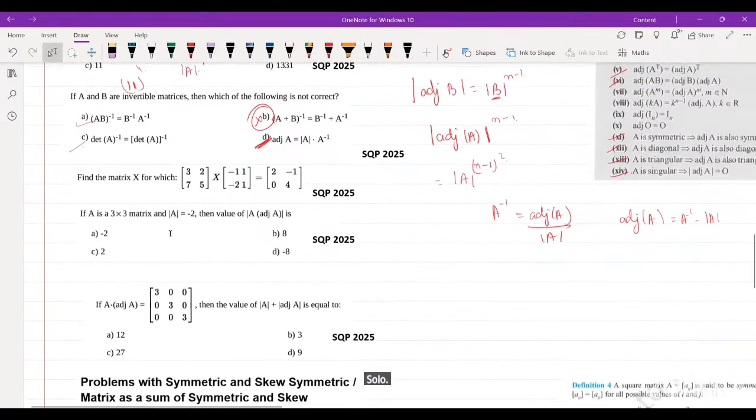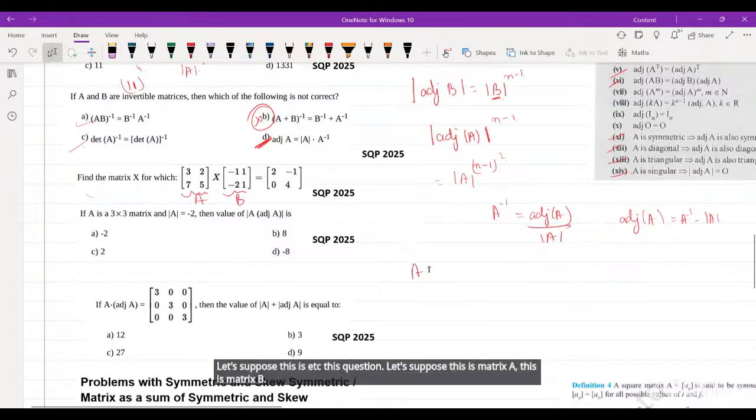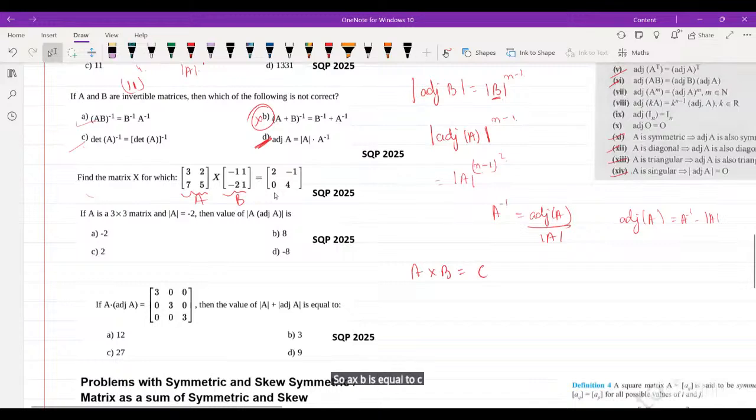If A is a 3x3 matrix and determinant of A is equal to minus 2. Okay, no problem. Let's suppose this is the question. Let's suppose this is matrix A, this is matrix B. So AXB is equal to C. This is matrix C. So I can write this as A inverse A X B into B inverse, which is equal to A inverse C B inverse. So basically X is equal to A inverse C B inverse.